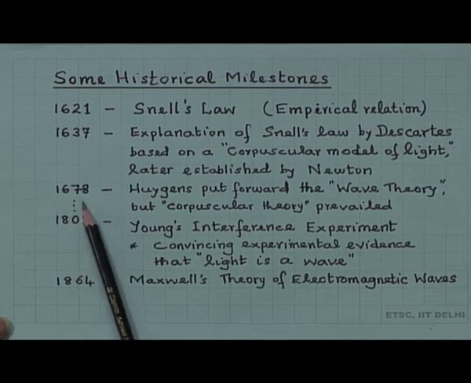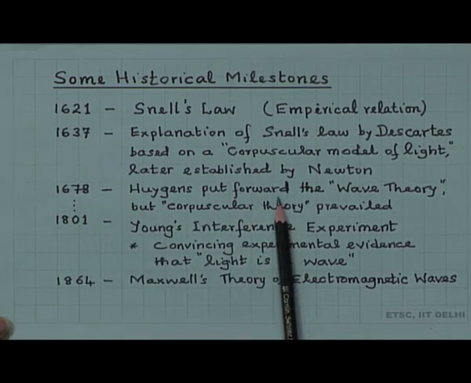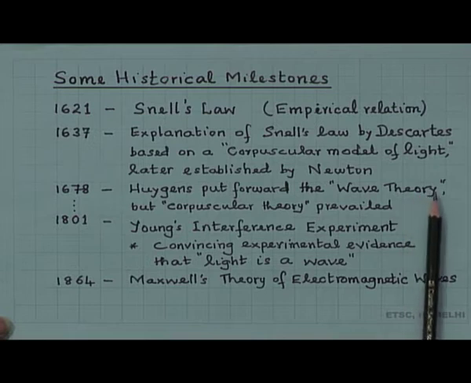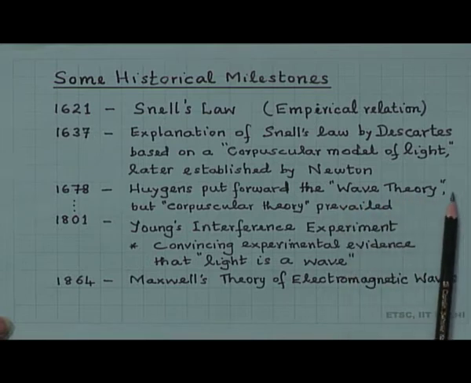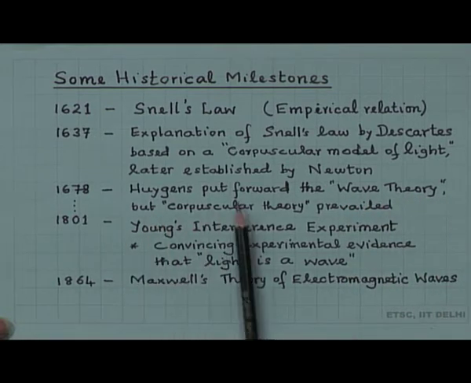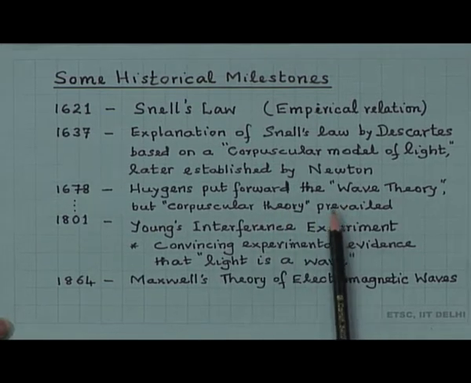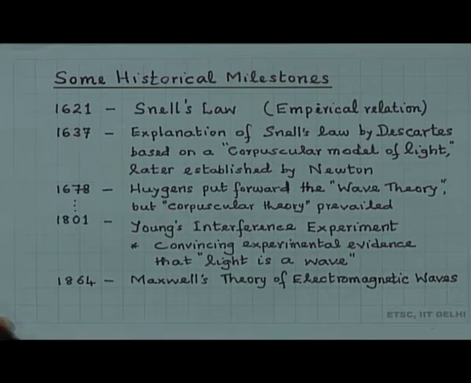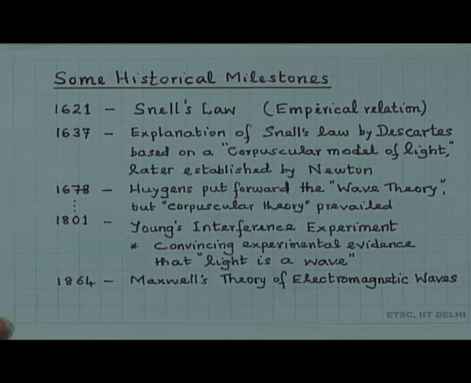In 1678, Huygens put forward for the first time the wave theory of light, where the propagation of light is described in terms of propagating waves. However, as we will see, Huygens could not answer certain questions such as what kind of waves these are, and therefore the corpuscular theory prevailed, even though Huygens put forward his wave theory in 1678.